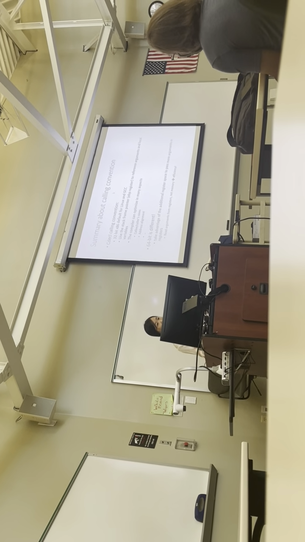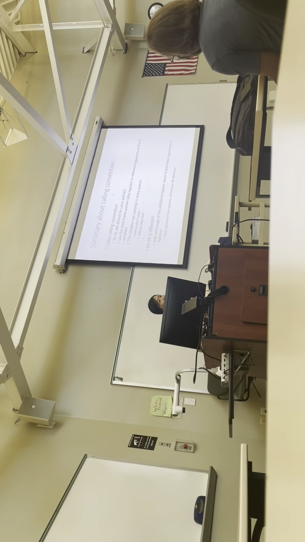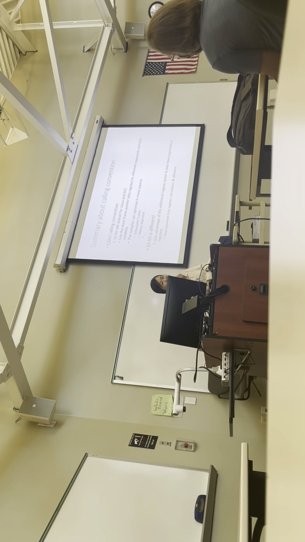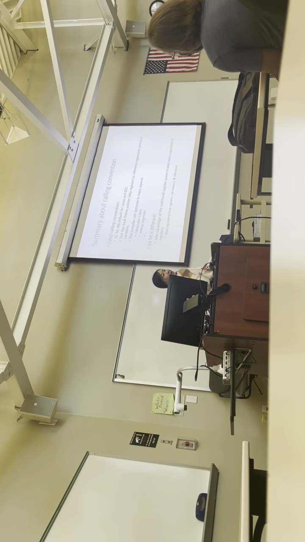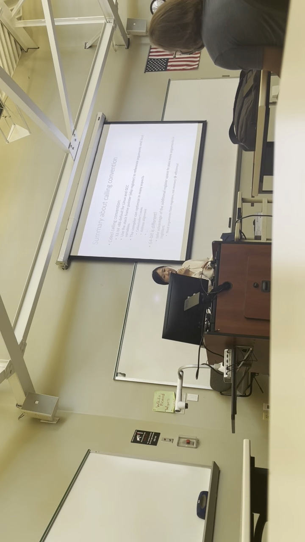Some of you asked me what CDECL means. I did not mention it in much detail. It's called C declaration, and it's all about the calling conventions, how the compiler calls and implements the functions.